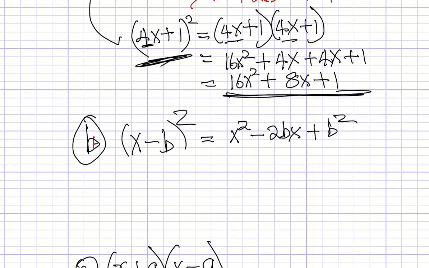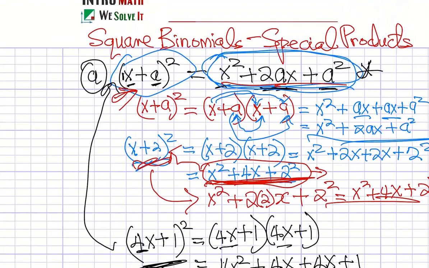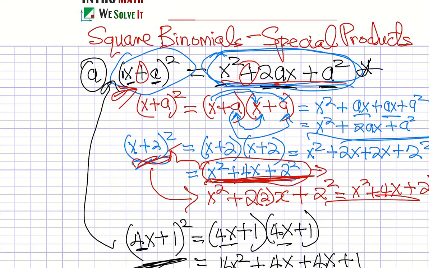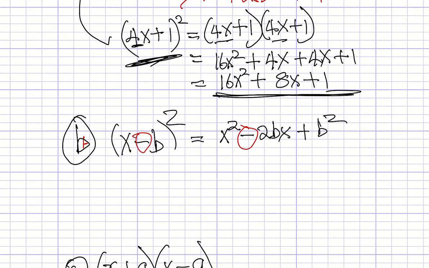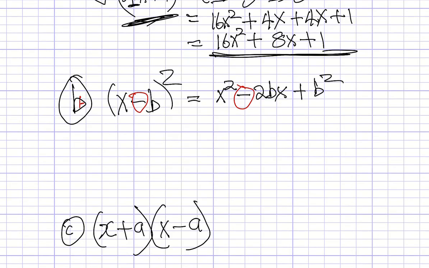That's what you will get. Notice the difference is the negative sign. Notice that negative sign here, and the positive sign here, because this is negative here. So you get that, okay?